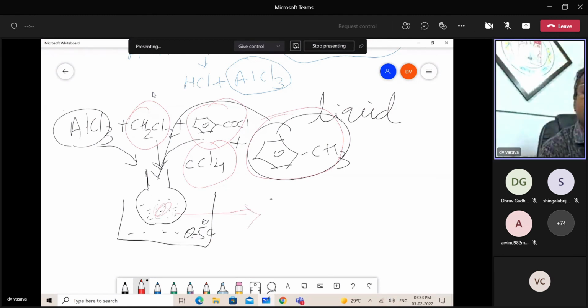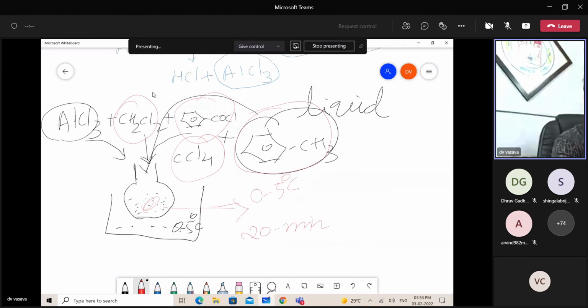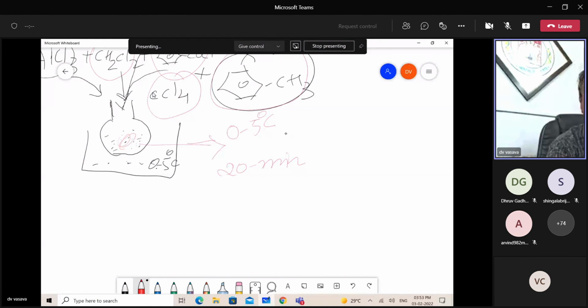Keep this reaction mixture at 0 to 5 degrees Celsius for 20 minutes for the completion of the reaction. After 20 minutes, you can put it at room temperature.